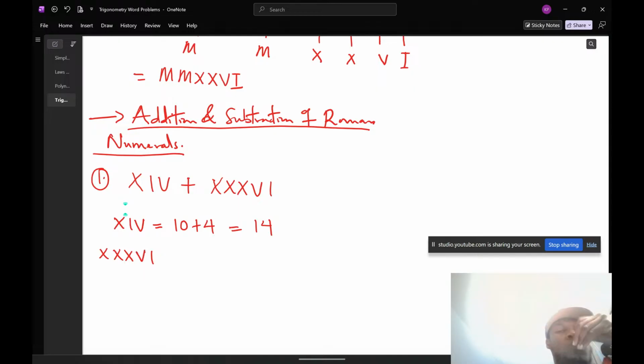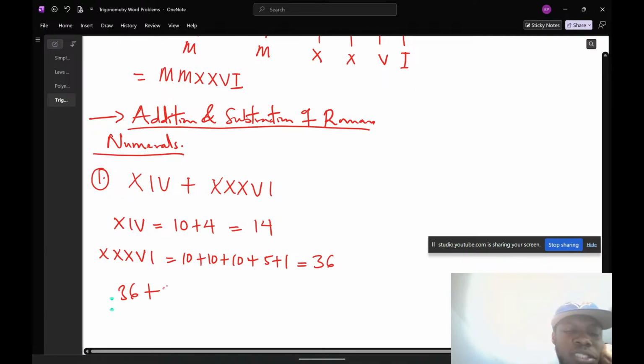That will be 10 plus 10 plus 10 plus 5 plus 1. 10 plus 10 is 20, plus 10 is 30, plus 5 is 35, plus 1 is 36. So XXXVI is 36.